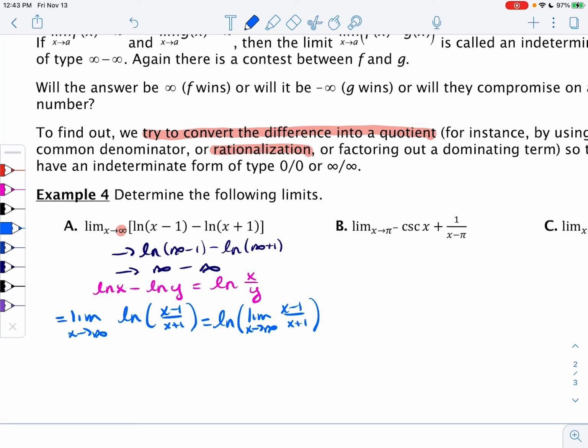On the inside, x minus 1 is going to infinity and x plus 1 is going to infinity, so we have an infinity over infinity scenario, and we can employ L'Hopital's rule.